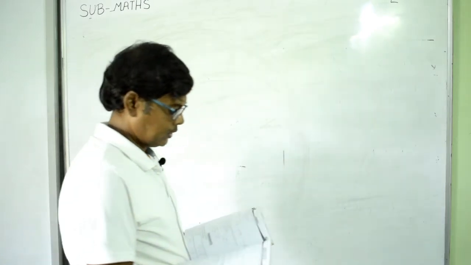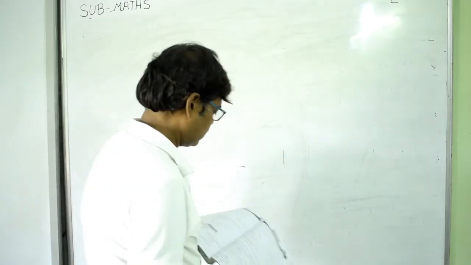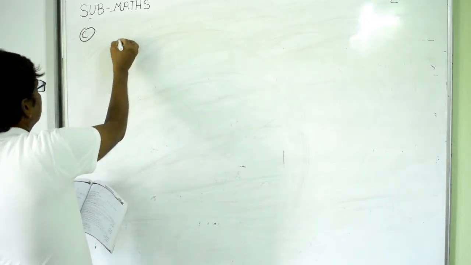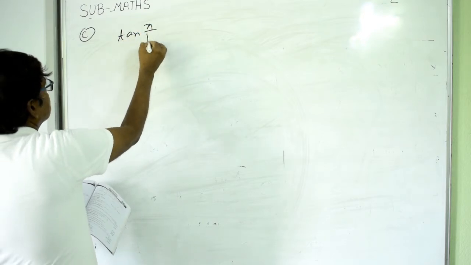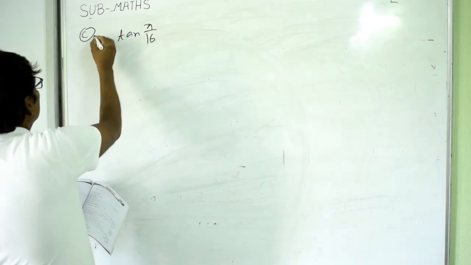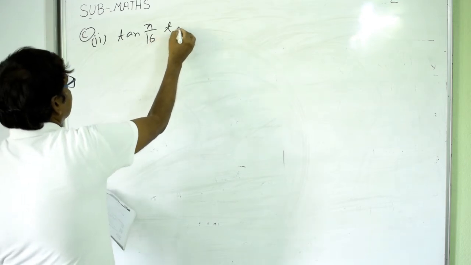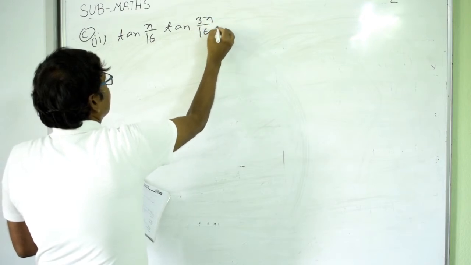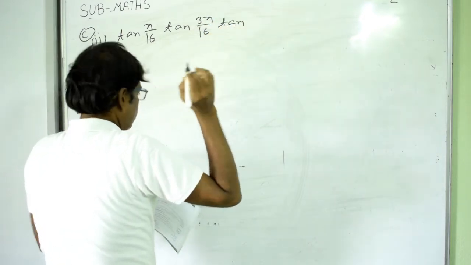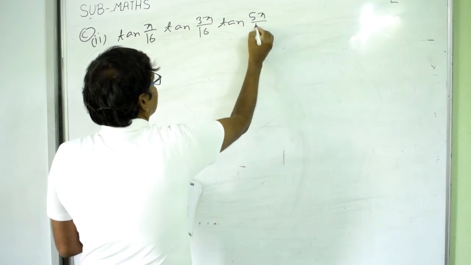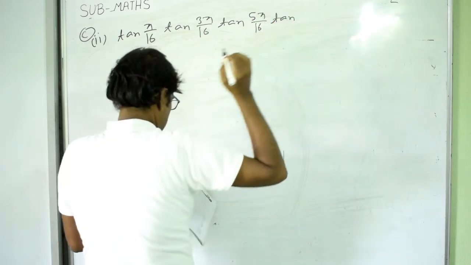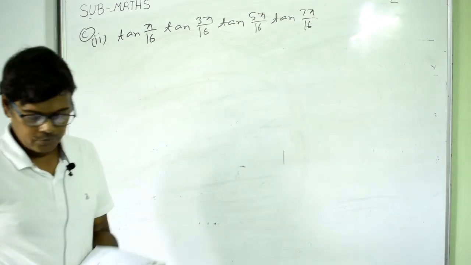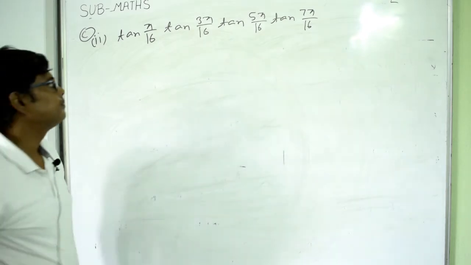Now the another question is here, question number C: tan pi by 16, tan 2 pi by 16, tan 3 pi by 16, tan 5 pi by 16 ... and we have to find the value of this.